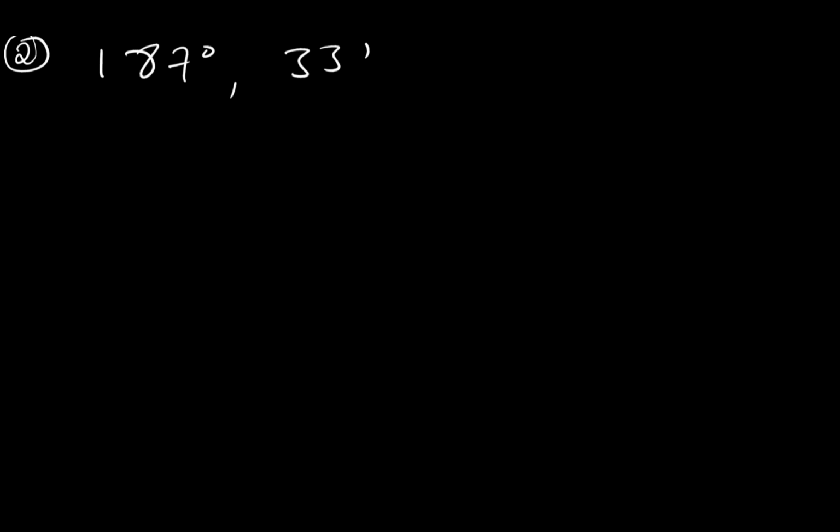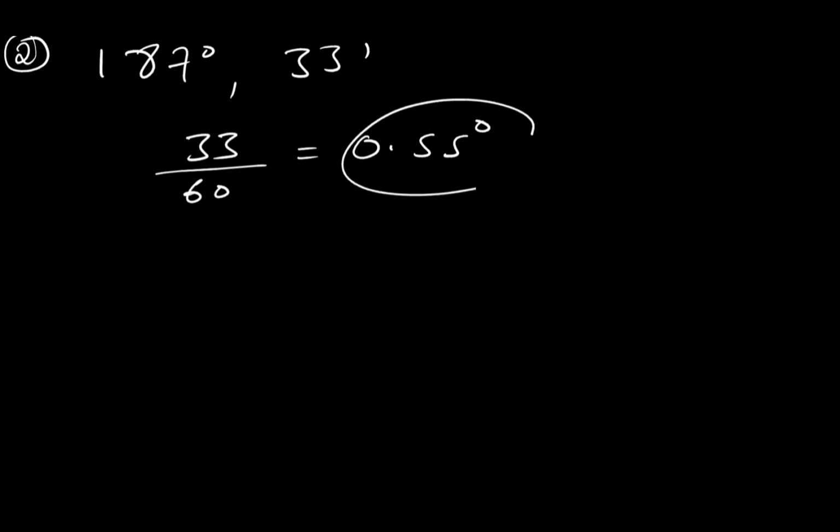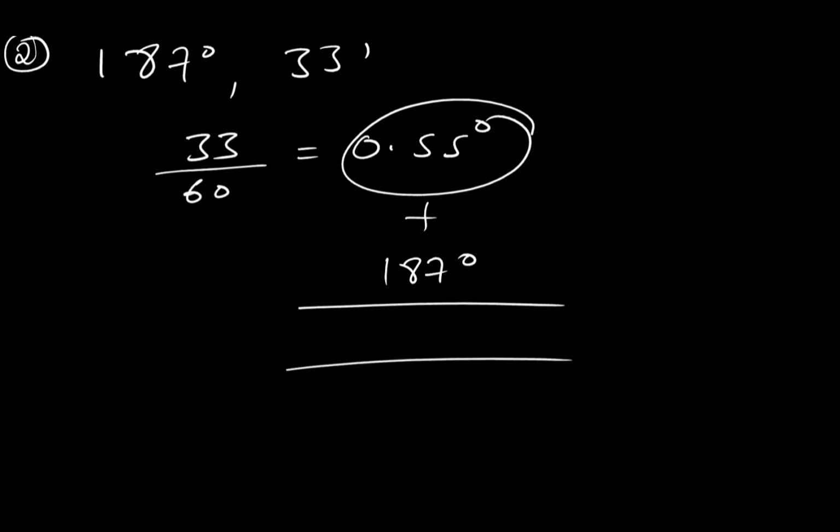So we convert the minutes to degrees and sum up the initial degrees plus the converted one. So I get 33 divided by 60, and we have 0.55 degrees. I sum this up with the initial degree, 187 degrees, and this will give me 187.55 degrees.